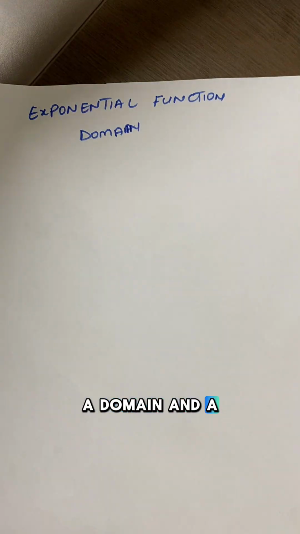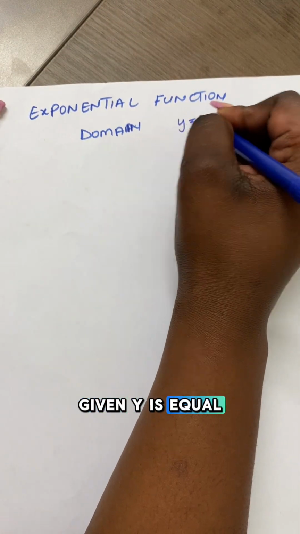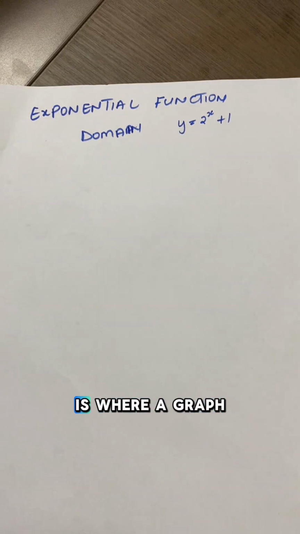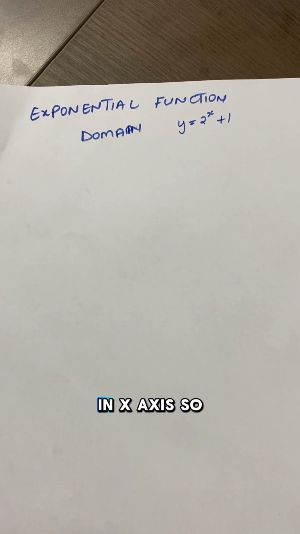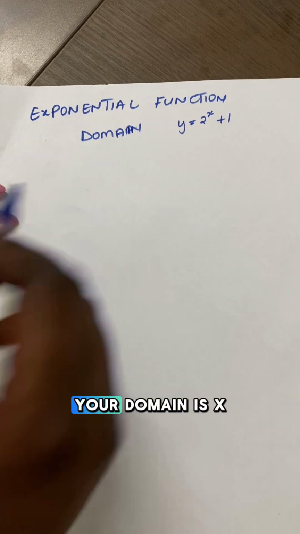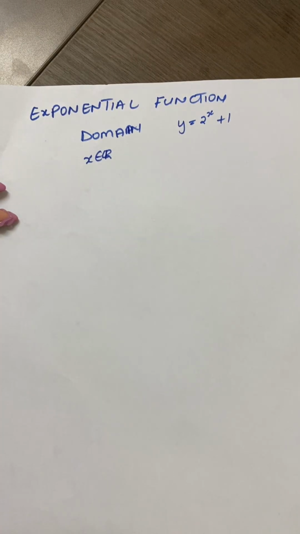A domain and a range in an exponential function. Let's say you are given y is equal to 2 to the exponent x, plus 1. Remember, a domain is where a graph exists on the x-axis. In this instance, your domain is x is an element of real numbers.